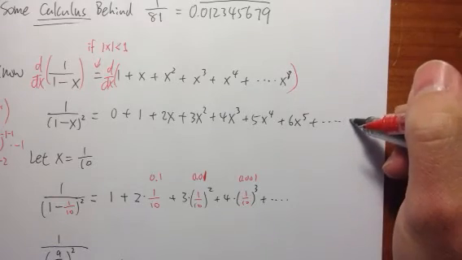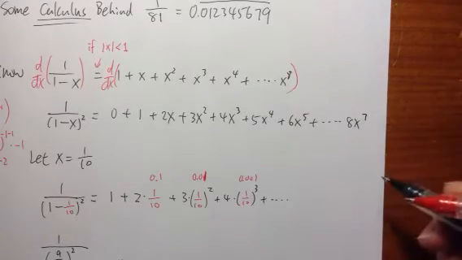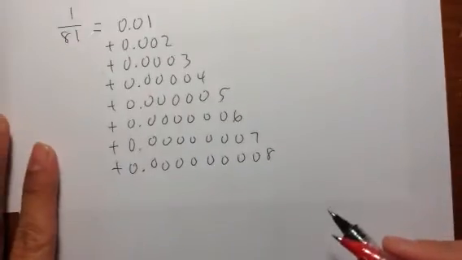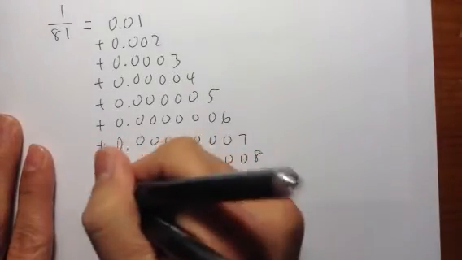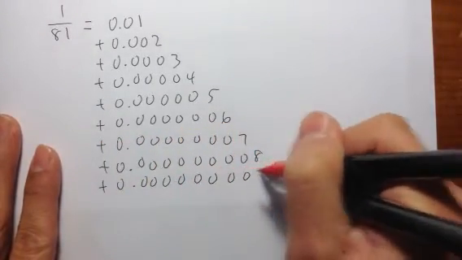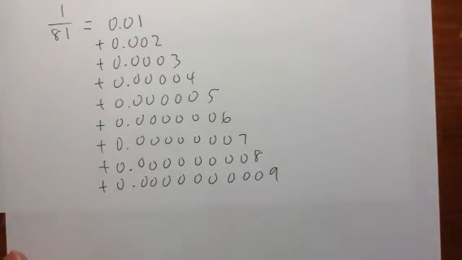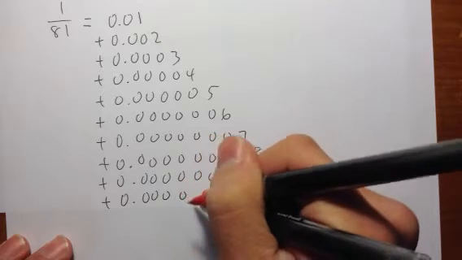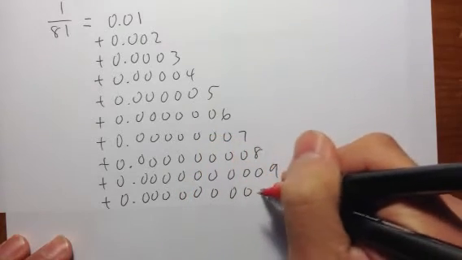So you should get something like 8x to the 7 power. So the 8 should have been there. And then the next one is plus 0.000000009. Keep going, plus 0.0000000001 0.